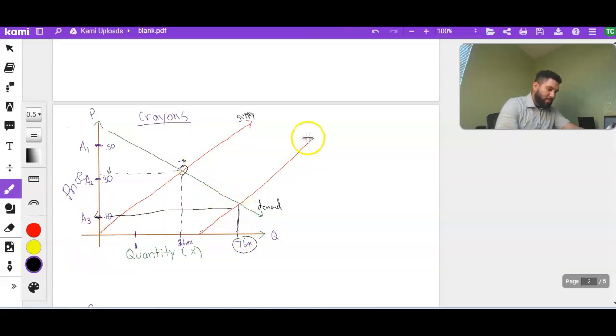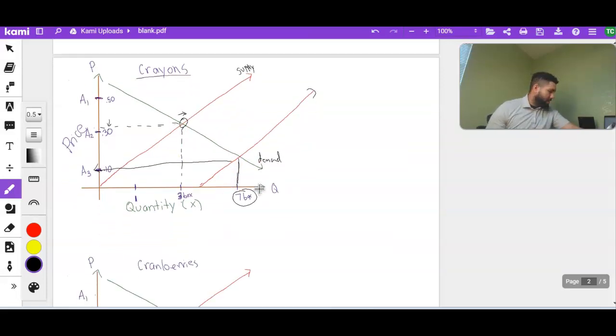Okay, so the supplier, again, based on their anticipation of how much of the product they're going to be selling and the quantity demanded, could actually change their prices and still get a profit depending on how much they make.